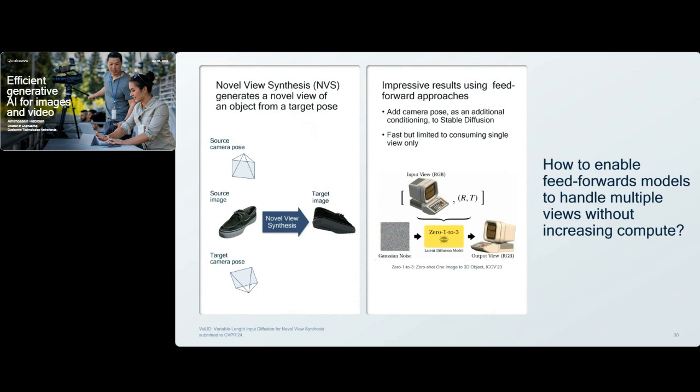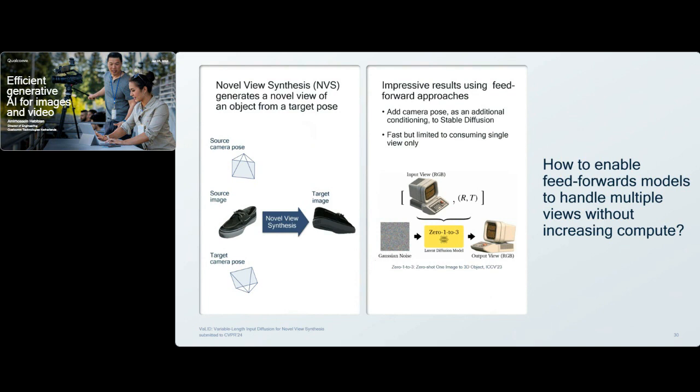And recently, there have been a lot of exciting breakthroughs in using diffusion models for novel view synthesis. One example is the seminal work Zero-1-to-3 that you see in the middle, which shows that by adding camera poses as an additional conditioning, a pre-trained stable diffusion model can learn to synthesize novel views.